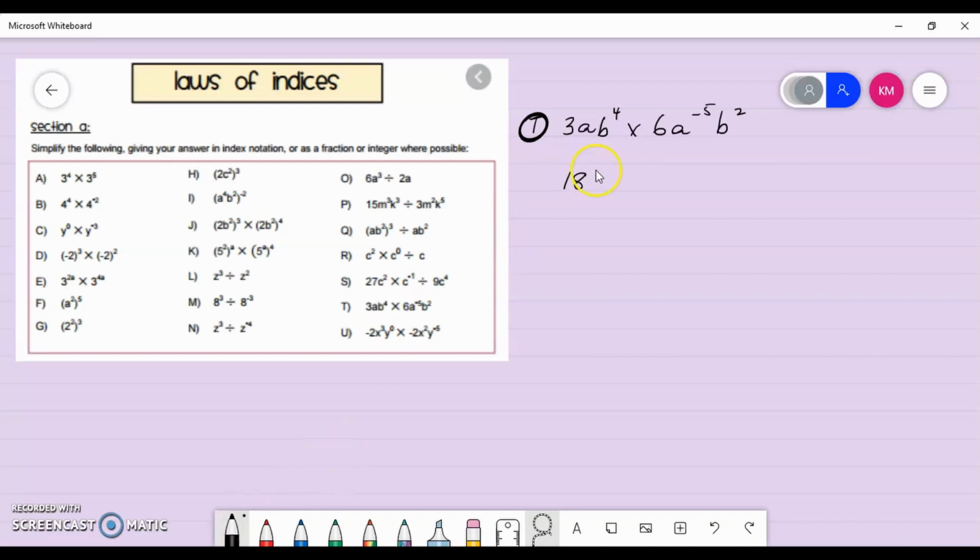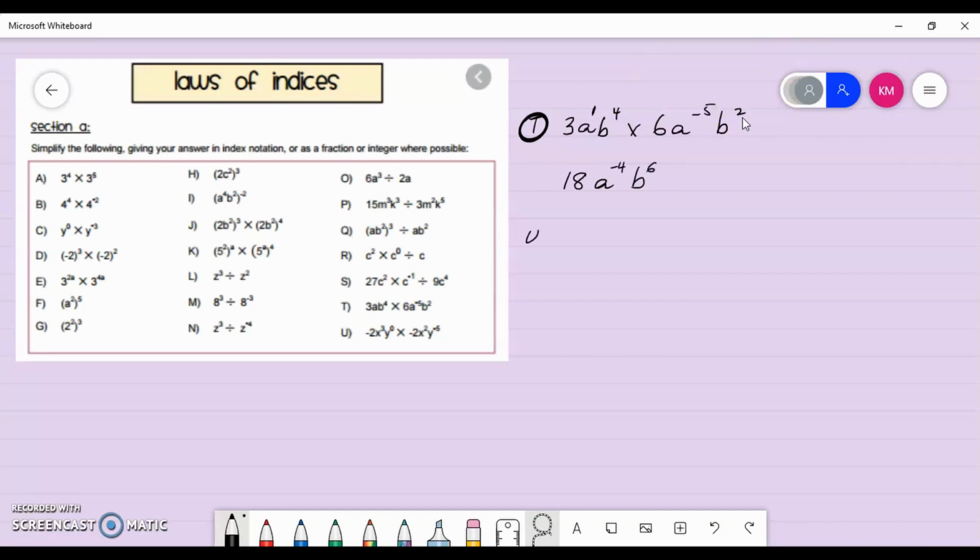And remember, when we are multiplying, we need to add our indices, right? So it's a to the power 1, it's understood to be to the power 1 there. So it's going to be 1 plus negative 5, and we are going to get negative 4. Then b, that is raised to the power 4, and here it's raised to the power 2. So 4 plus 2 is 6.